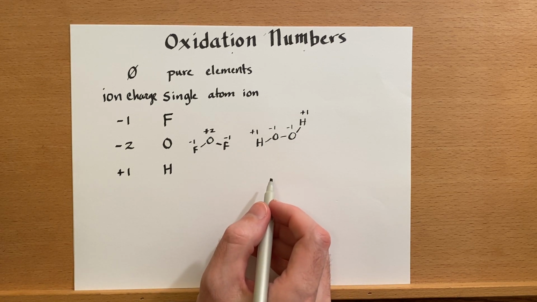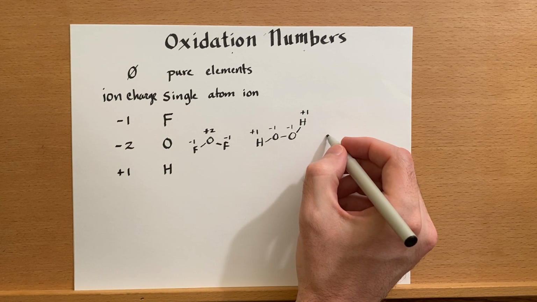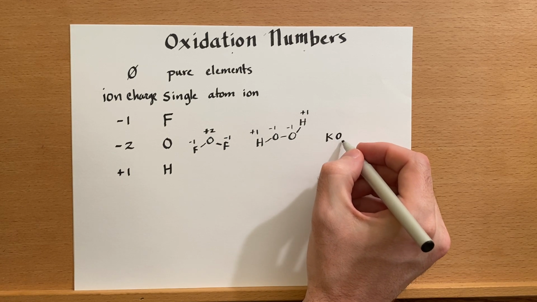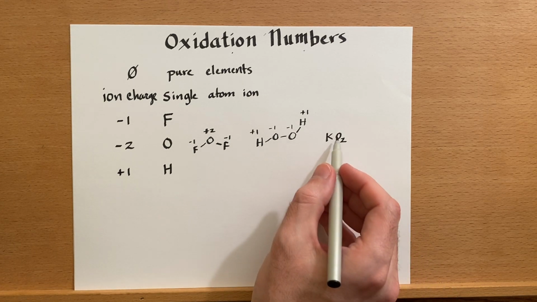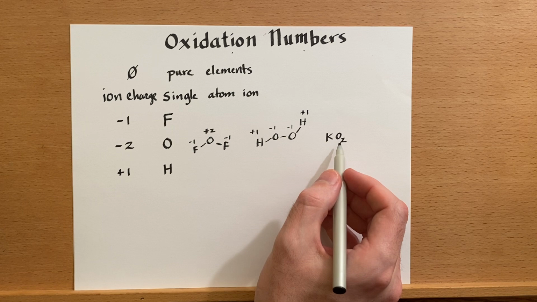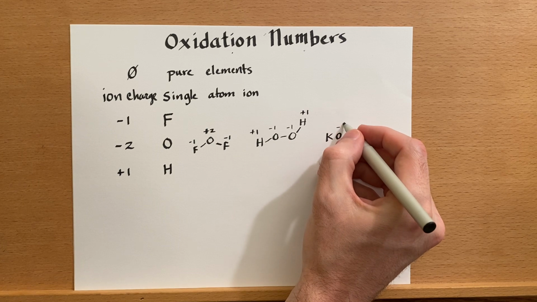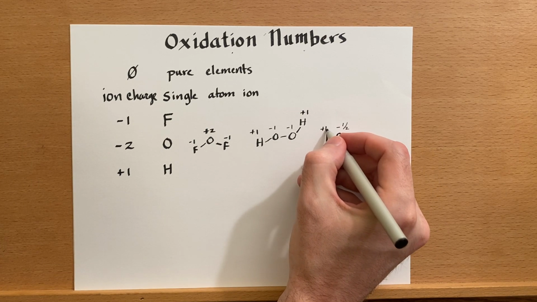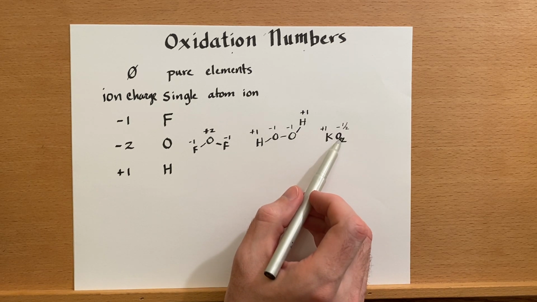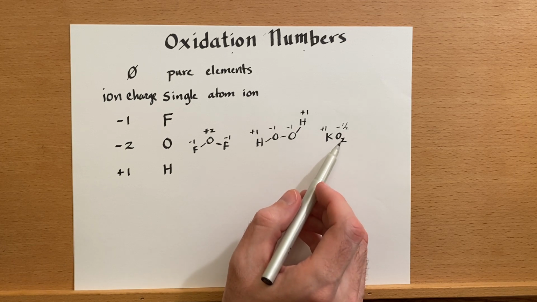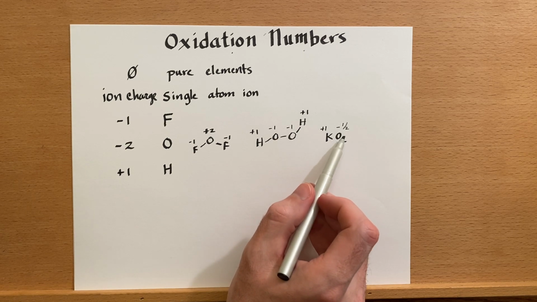And we can also go a step further and go into a compound that would have a superoxide, like potassium superoxide. And in this case, the oxygen will have an oxidation number of -1/2, because the potassium has a +1. Now, that brings up an important point. It is possible to have non-integer values of oxidation numbers.